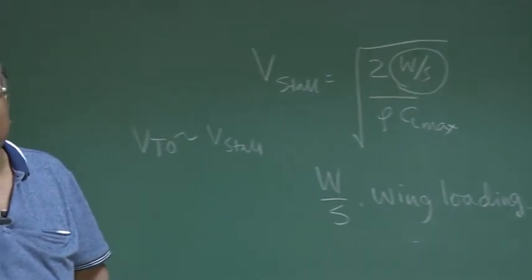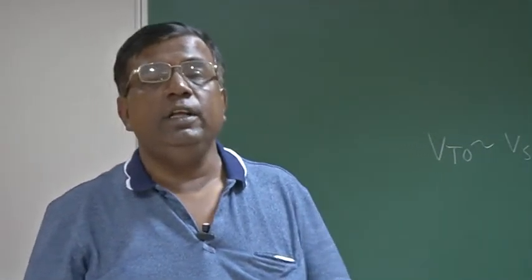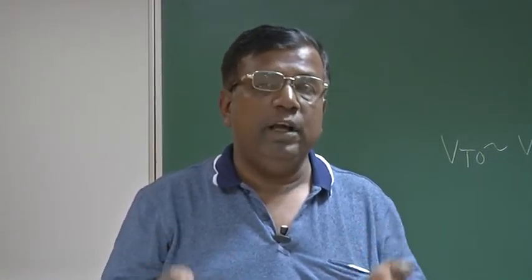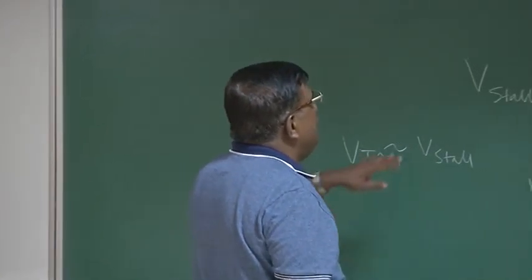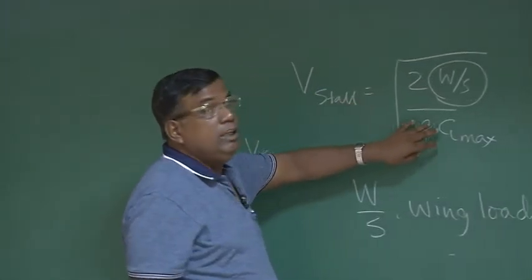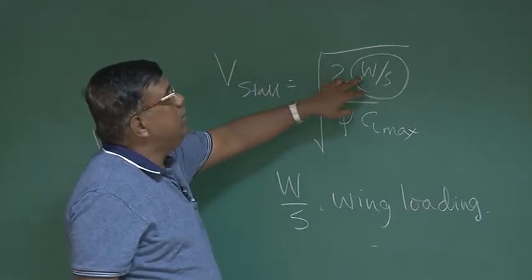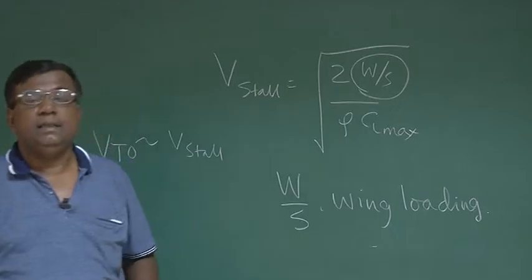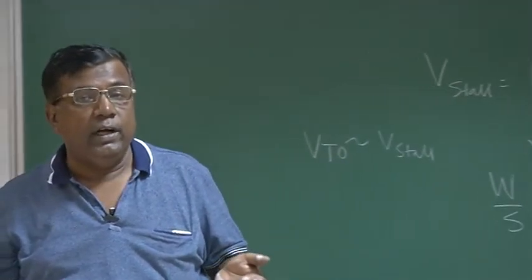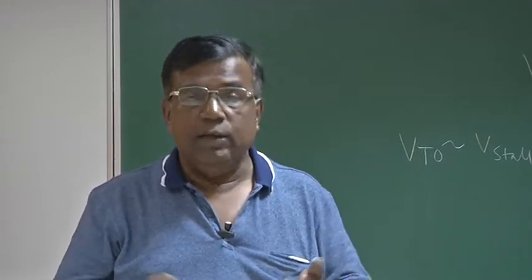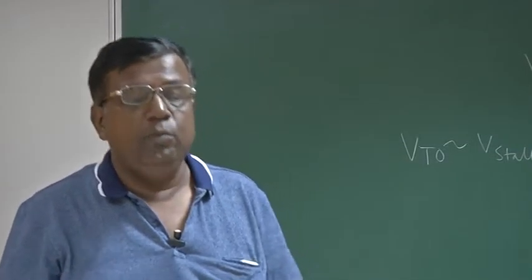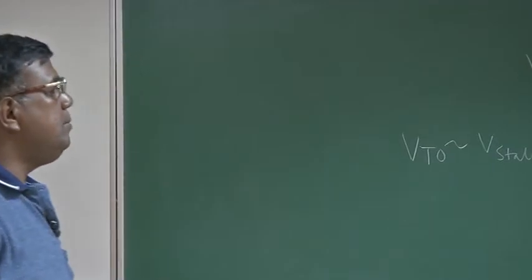What is the meaning of W by S large? It means relatively the S is small. That is why W by S has gone high. Or in other way, if I want to reduce Vstall, keeping other things constant, I must have very low value of W by S. Low value of W by S means what? S is relatively high, and which is correct. If S is high, you get larger lift, so you will be able to take off earlier.